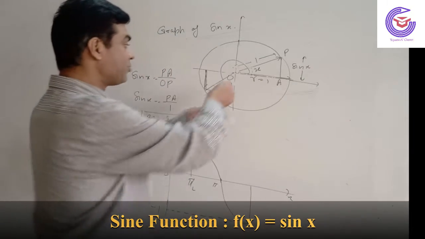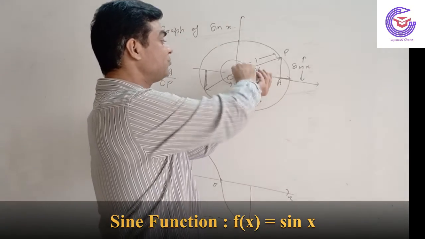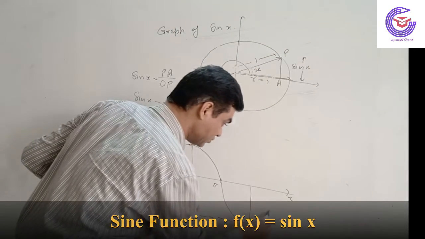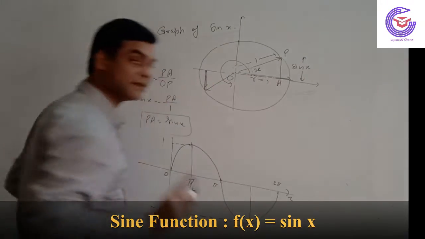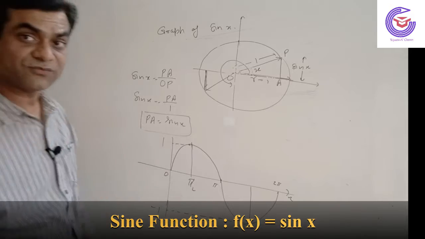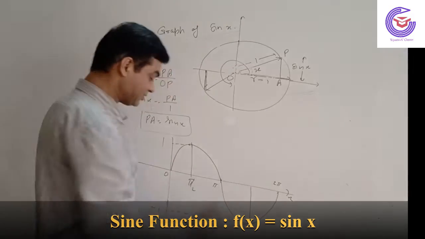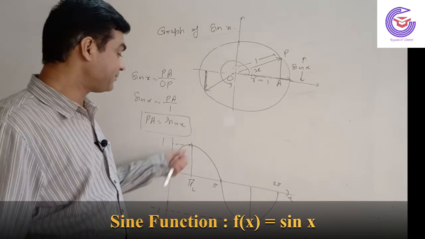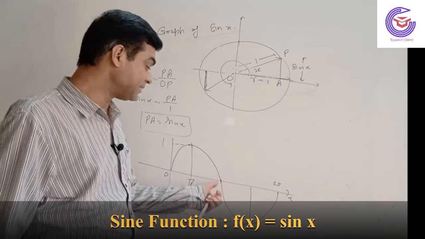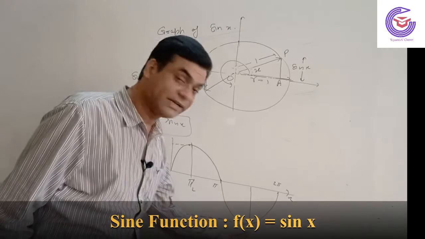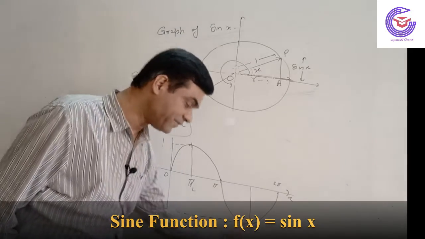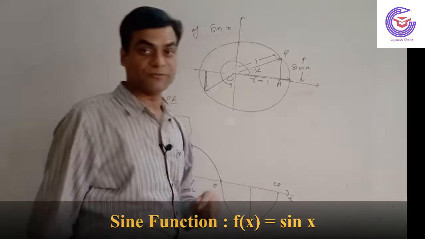Now as you keep on rotating, it comes to 0 again, here at 2 pi. It means you have completed one complete circle. In one complete circle, the graph of the sine function starts from 0, keeps increasing till pi by 2, then becomes 0 again, then goes to the negative side with minimum value -1, and then returns to 0 at 2 pi.